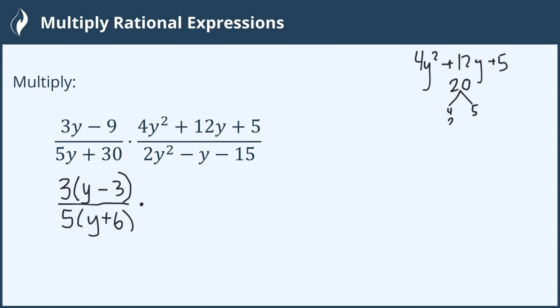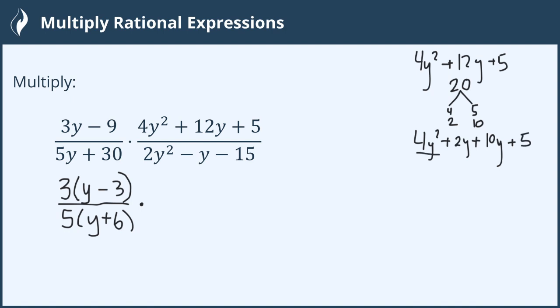What about 2 times 10? 2 times 10 makes 20, and I add those to make 12. So I'm going to take the 12y term and split it into two terms, 2y and 10y. Let's rewrite this: 4y squared plus 2y plus 10y plus 5.